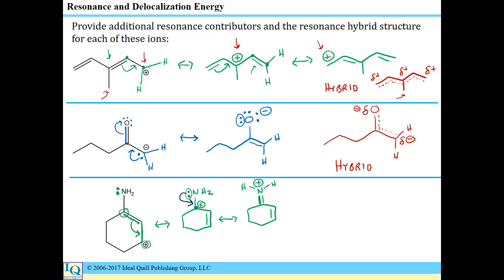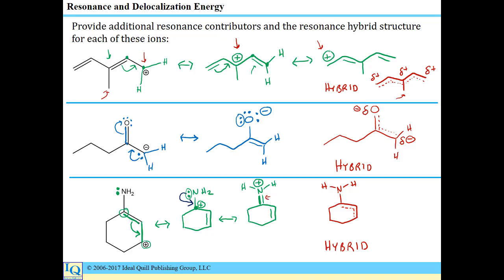And now all we're left with doing is forming the resonance hybrid. So we'll first sketch out the sigma bond framework, and now we'll figure out where in this molecule you may have partial double bond character. We started off in our first contributor with some multiple bond character in that position. The next contributor we drew, we had some double bond character in that position.